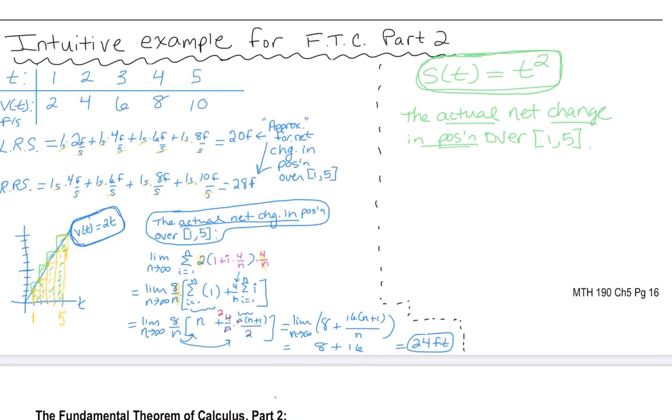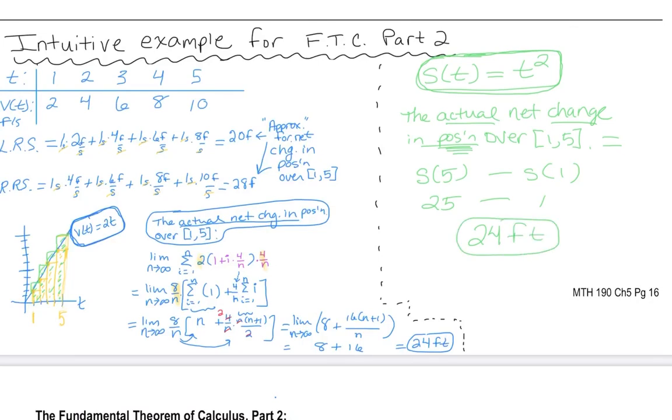Now that I have the actual position function, we could just say that would be s of 5, the end position, minus the first position, the initial position at 1 for this interval. So s of 5 would be 25, s of 1 squared would be 1, and we would get 24 feet.